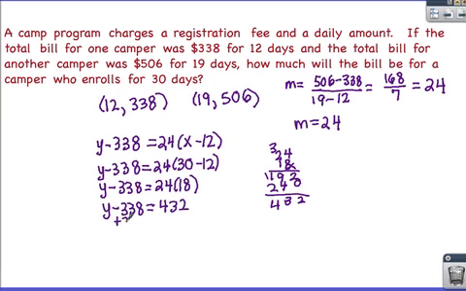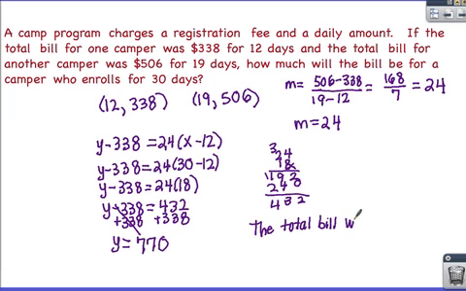And then we add 338, and you get 770. So the total bill will be $770 for 30 days.